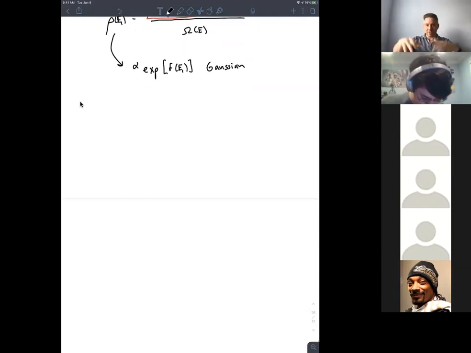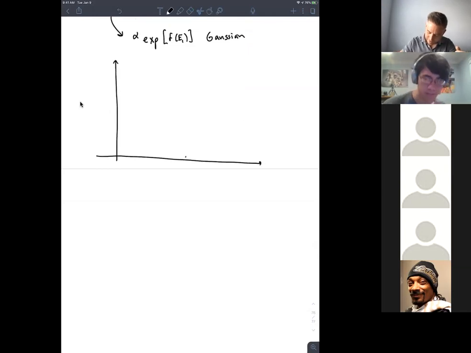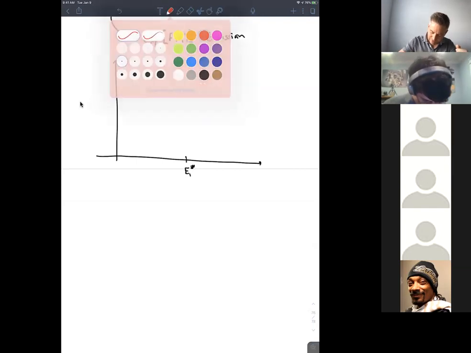Without going through the whole tedious exercise again, I'm going to tell you the answer is going to be very similar to what we got previously. The answer is a Gaussian centered at some value E1 star.